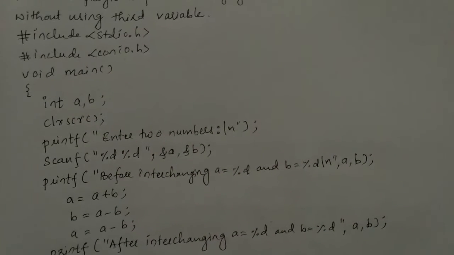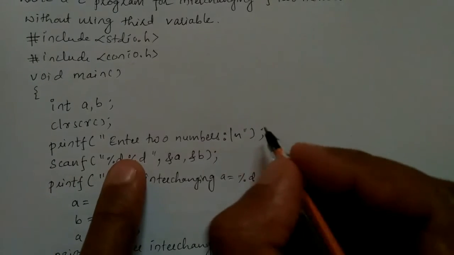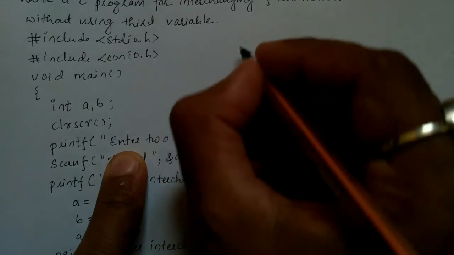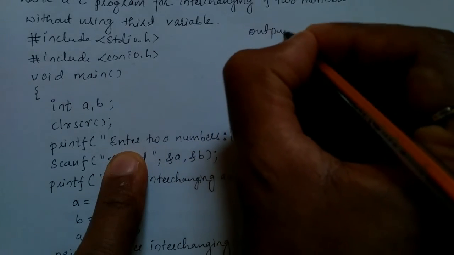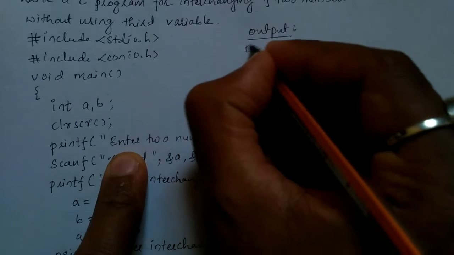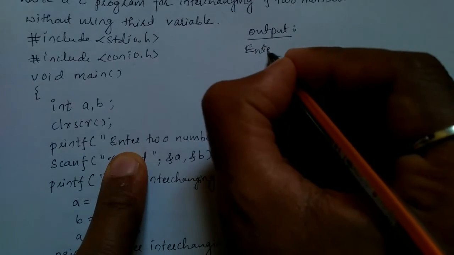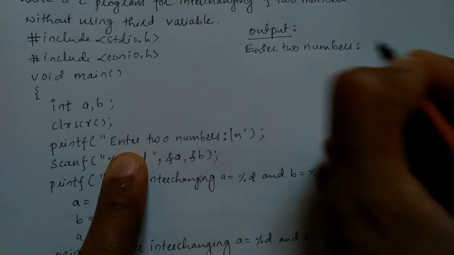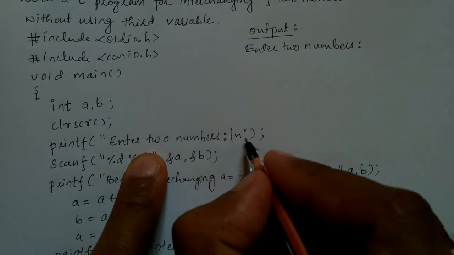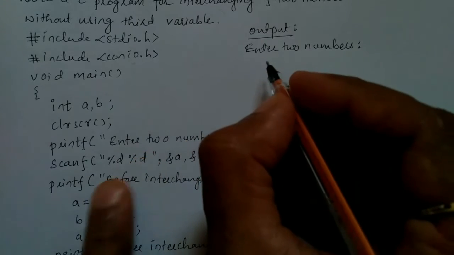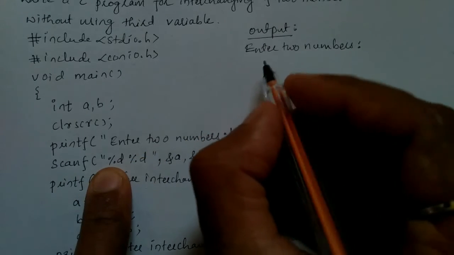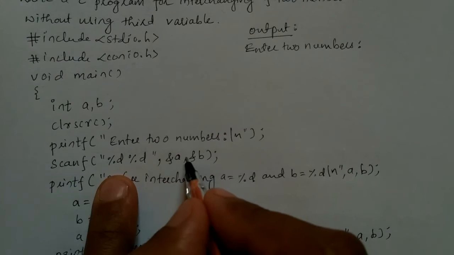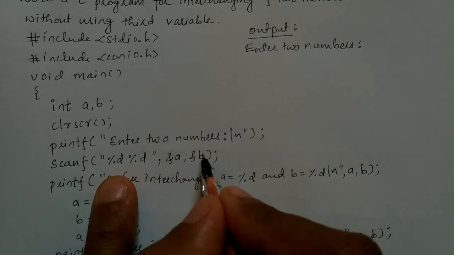So let us take example. When I compile and run this program, it will ask the user to enter two numbers. So here I'll write output. It will ask the user to enter two numbers, colon, and just because of this \n, the cursor will come down to the next line and it is going to receive two values in scanf, %d, value for a and value for b.